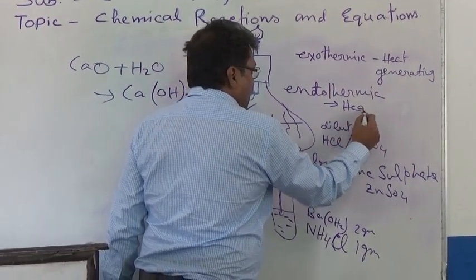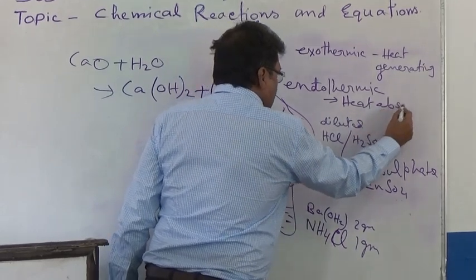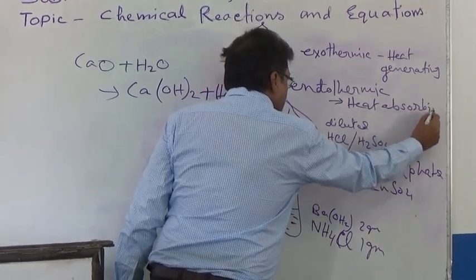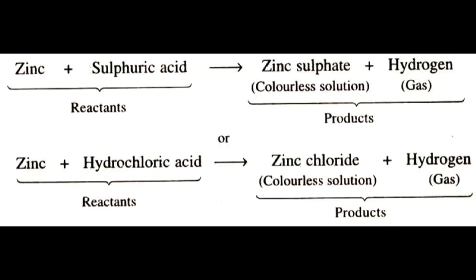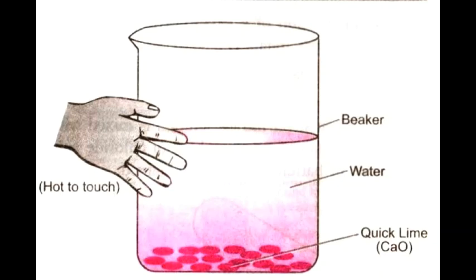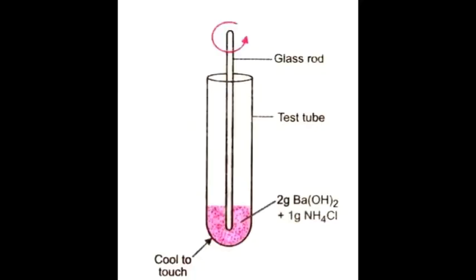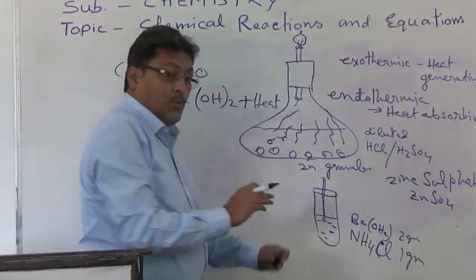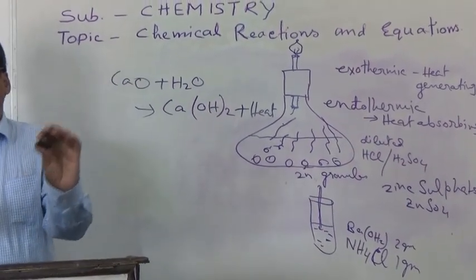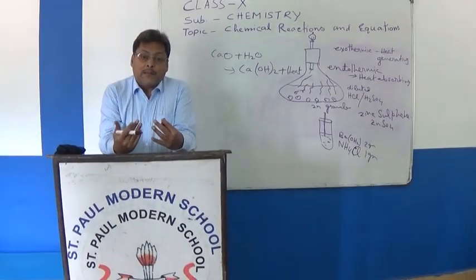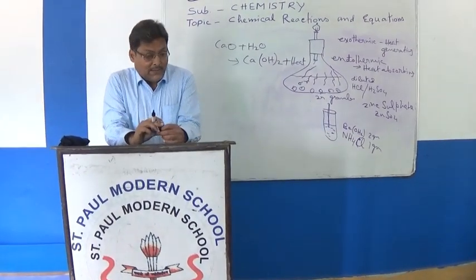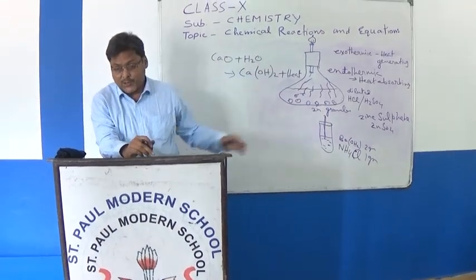Heat absorbing. So this is one of the characteristics by which you will know that a chemical reaction is happening. Chemical change is taking place. Also the evolution of gas.